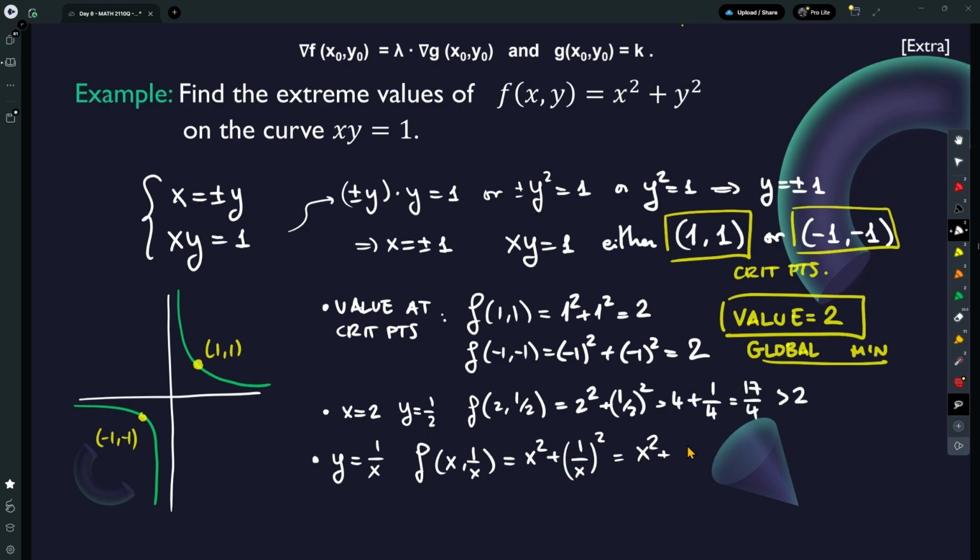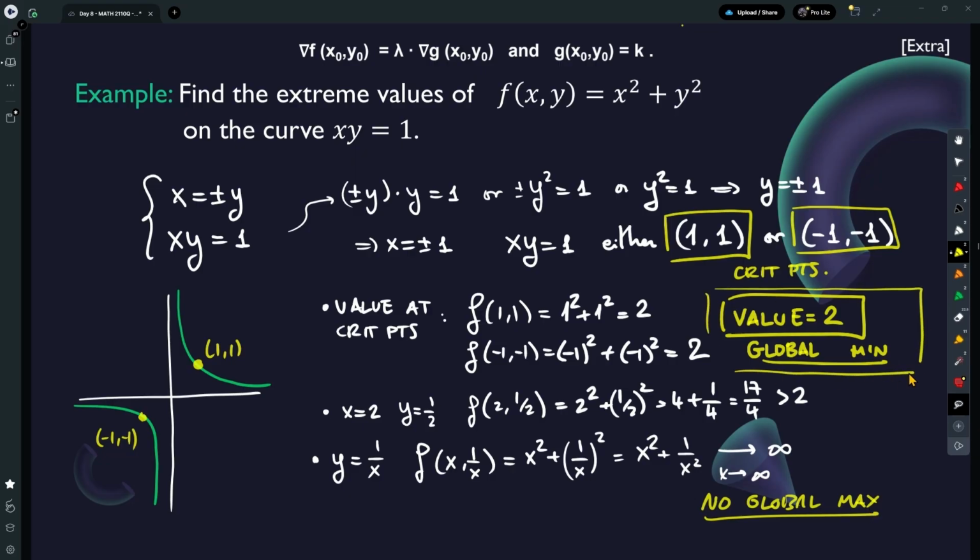And this goes to infinity as x goes to infinity. So there is no global max. The values are unbounded, but there is a global min, and that is the value we found using the Lagrange multipliers.